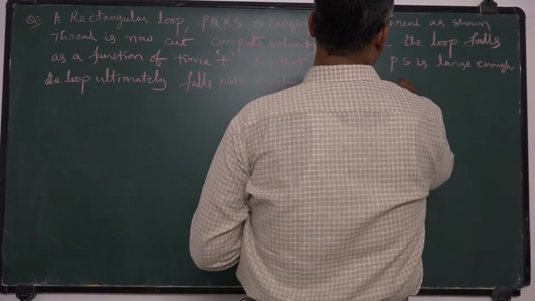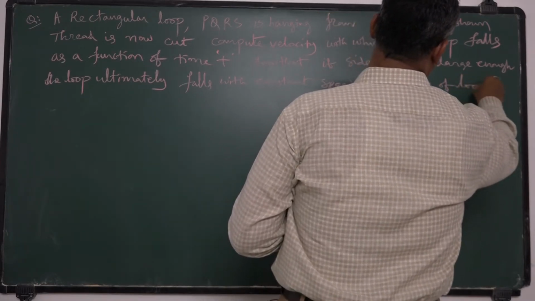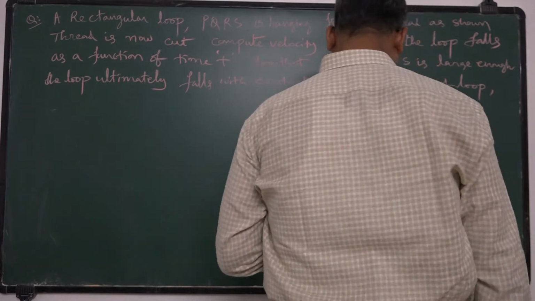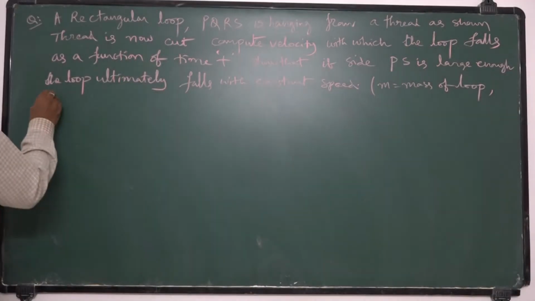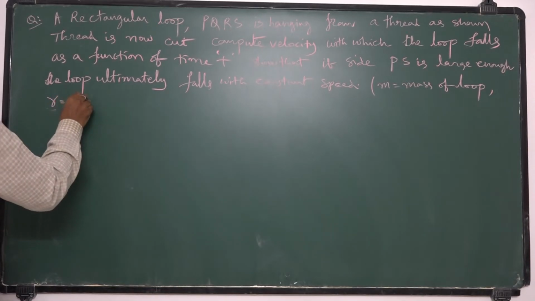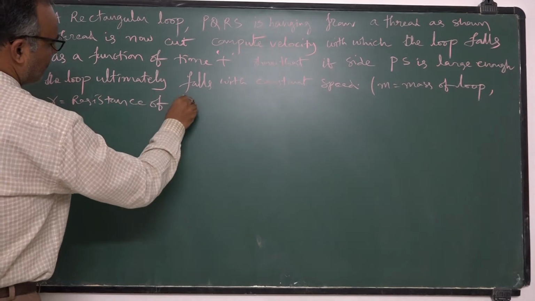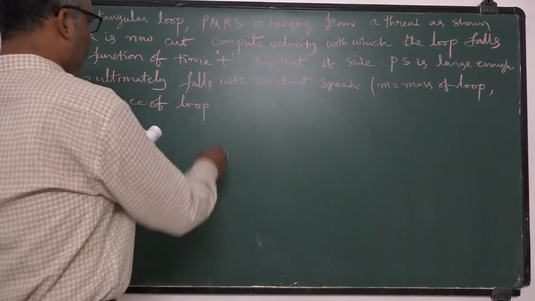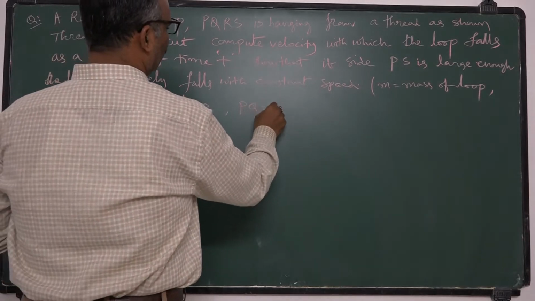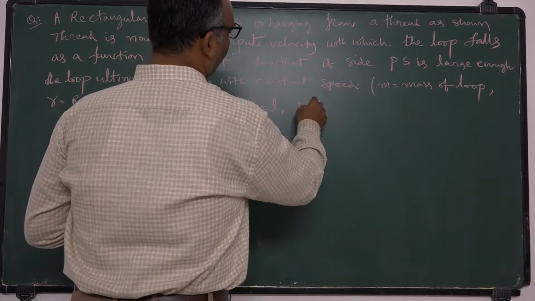Here small m is the mass of the loop, R is the resistance of the loop, PQ is equal to L, PS is equal to B.